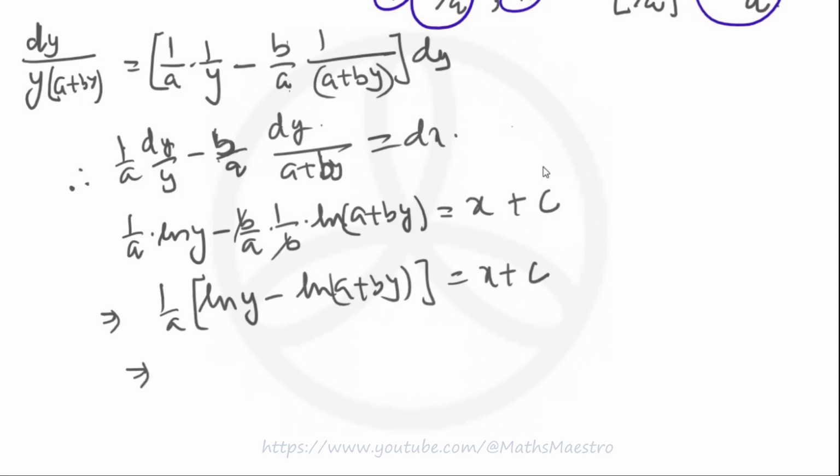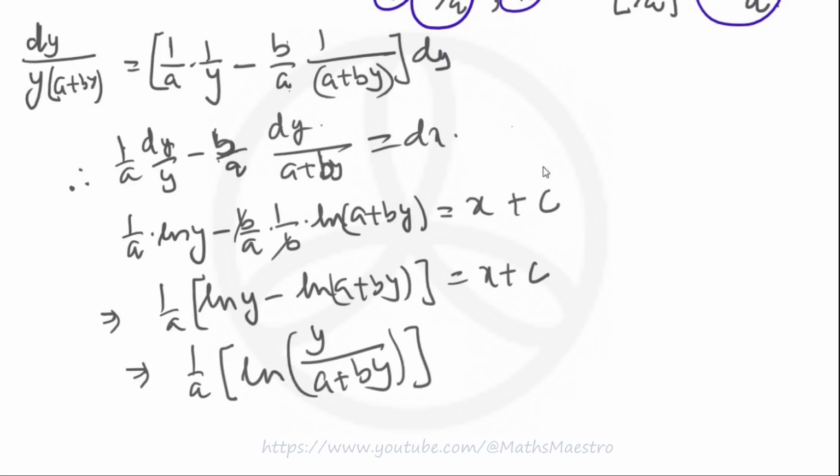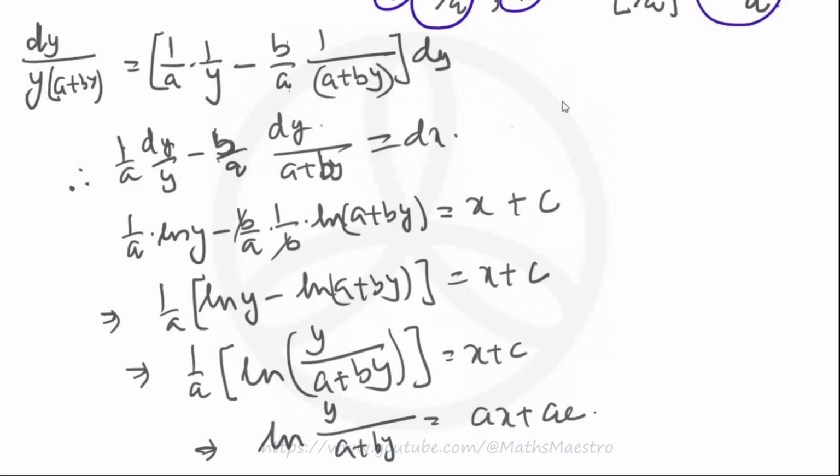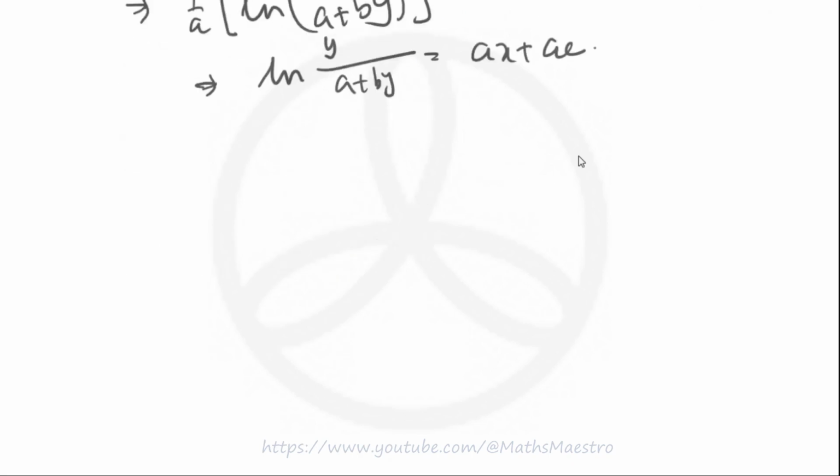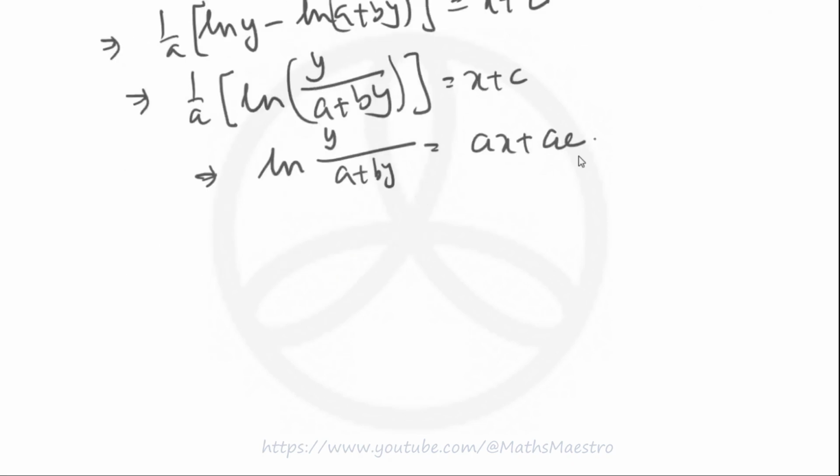1 by a ln y by (a plus by) is equal to x plus c. This will become ln y by (a plus by) is equal to ax plus ac. Now we can take an anti-log of this, and while we take anti-log of this, we will have y by (a plus by) here, and this will become e to the power this much.